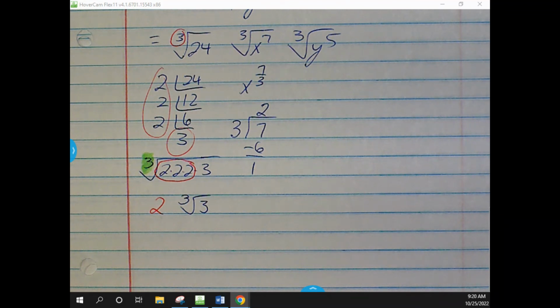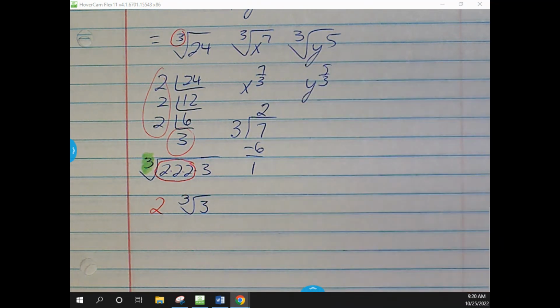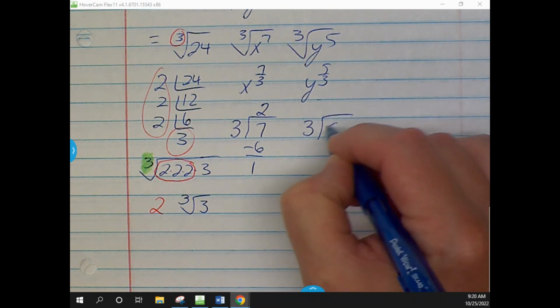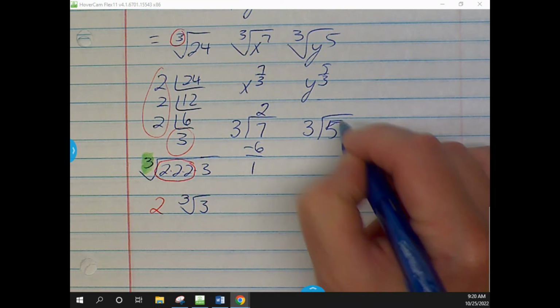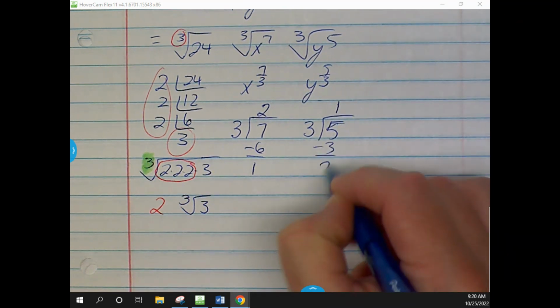Good. And then do the same thing with the y's. That's y to the 5 thirds, which means we're going to do 3 into 5. So 3 goes into 5 one time with 2 left over.